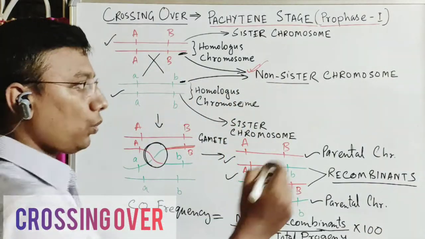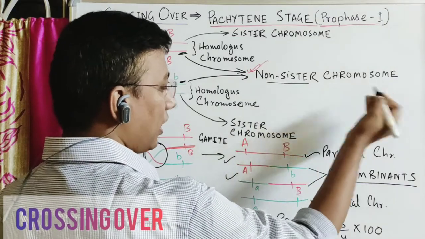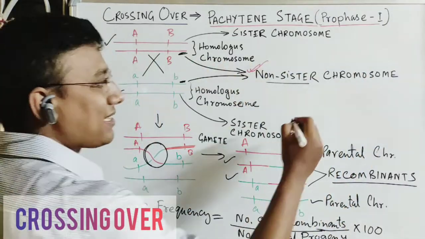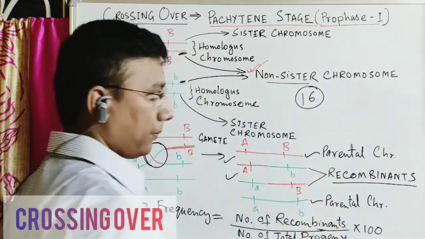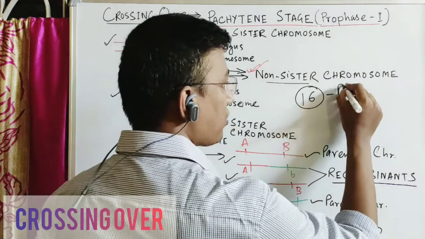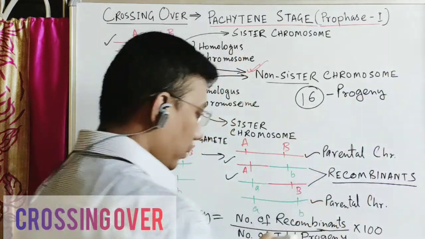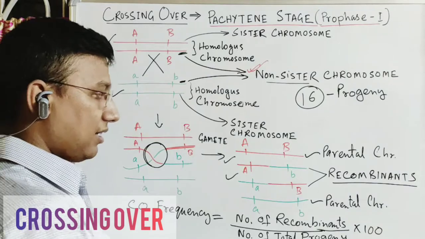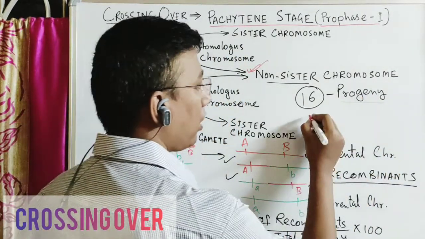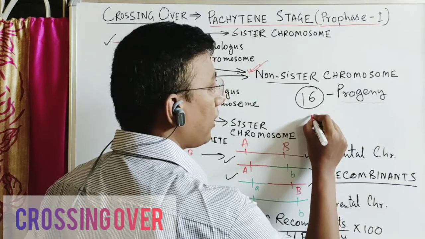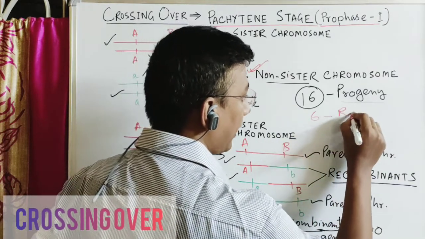Say we have 16 progeny and only say 6 recombinants.